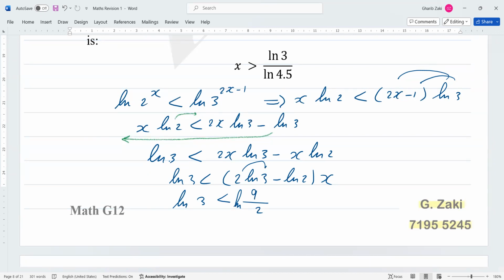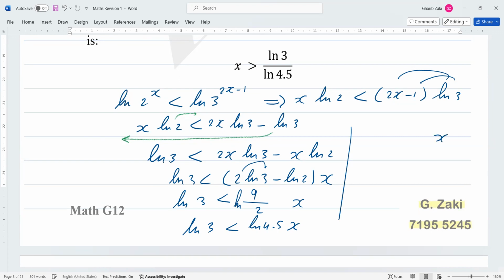This is multiplied by x. So ln 3 is less than ln 4.5 times x. Now, what about ln 4.5? ln 4.5 is positive. Then we can divide by it.